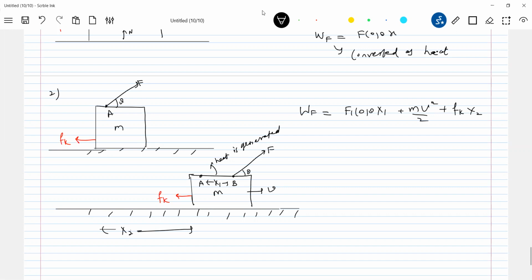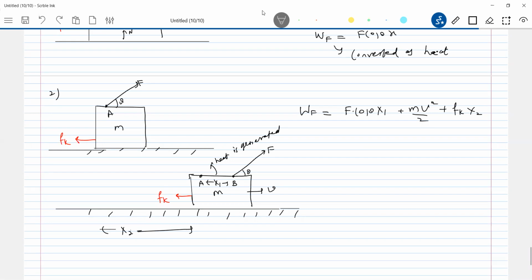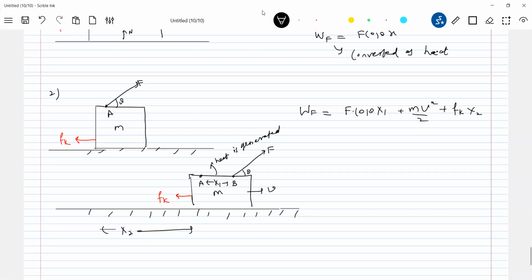It will be converted into this much part here. So F1 cos theta, with respect to the block it has a displacement x1. Then what is the displacement with respect to the ground? You have to write it separately. I'll write it only as x. So this will be the heat generated, this is the kinetic energy of the block, and this is the work done to overcome friction.